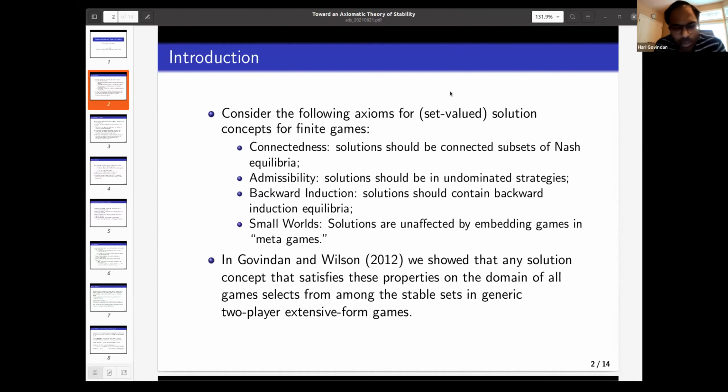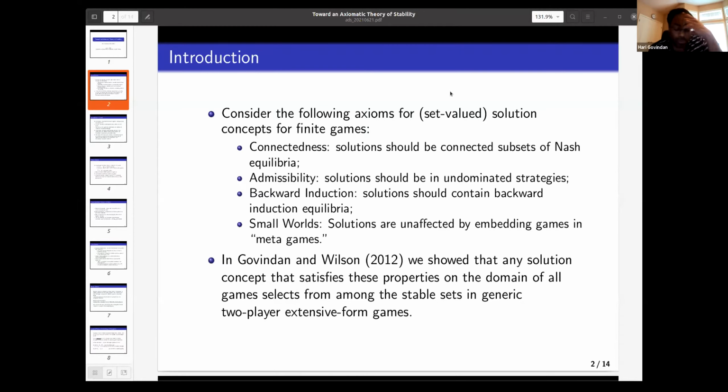The other three axioms are more decision theoretic. Admissibility says that equilibrium solution should be in undominated strategies. The third property is backward induction. Every solution, which is a set of equilibria, should contain a backward induction solution, equilibrium. And the fourth one is what Mertens called small worlds, but actually Bob and I use it in a much more expansive sense.